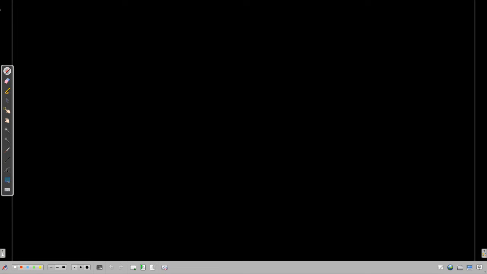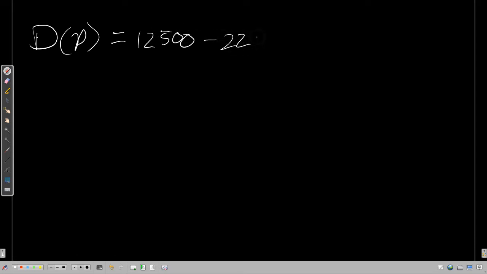So the demand function was 12,500 minus 225p. It's a linear function. It's basic enough. This is equal to the number of units demanded.